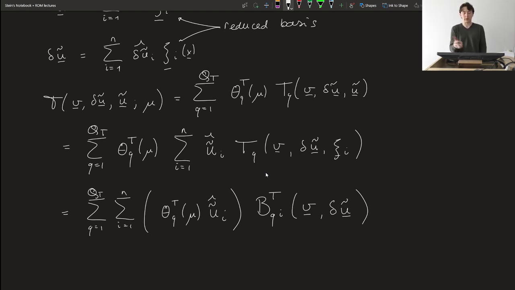This reduced basis is not going to change. It is a fixed basis for every iteration in our nonlinear computation.